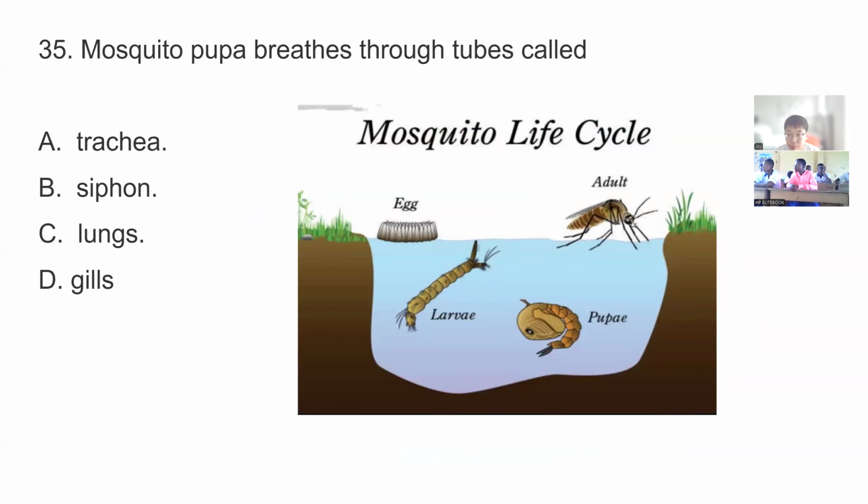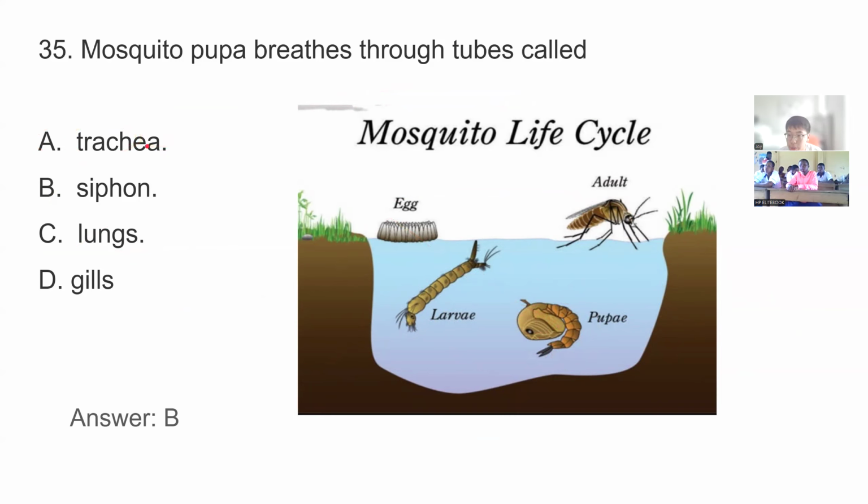And yeah, this is asking a little bit more about mosquitoes. So the mosquito pupa, this development stage, breathes through the tube called, is it called a trachea or is it called the siphon? Is it the lungs or is it the gills? We haven't really talked about this yet, but it is actually called the siphon where it breathes.